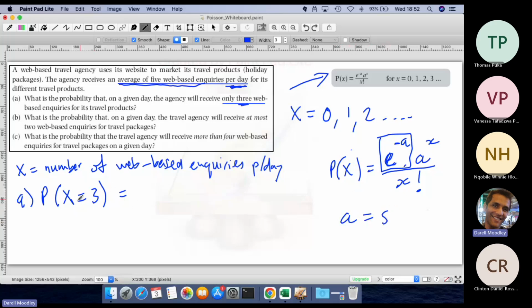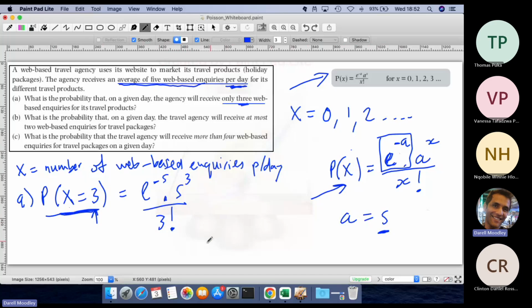So if we want to work out this probability, all we're going to do is use this equation. Where you see X, you replace it with 3, and wherever you see A, you replace it with 5. So that becomes e to the minus 5 times 5 to the 3 all over 3 factorial.